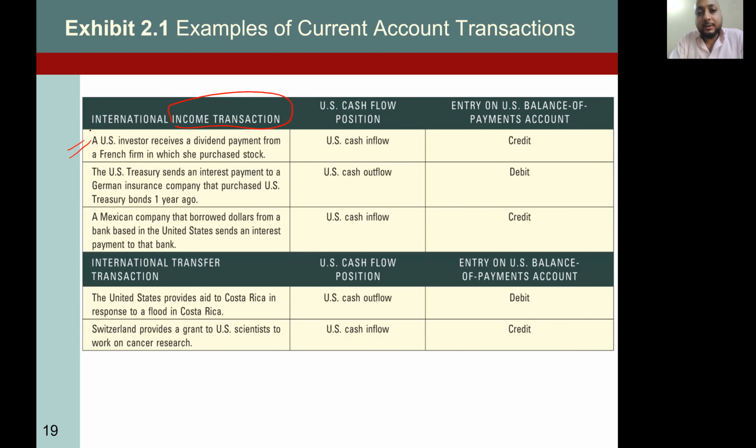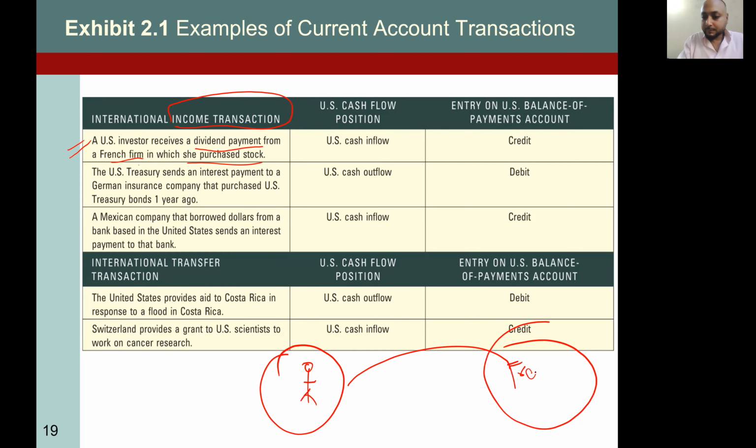A US investor receives a dividend payment from a French firm in which she purchased stock. A US investor, you are in US, you invested in a French company. Now what happened?